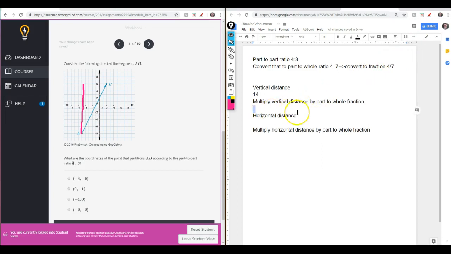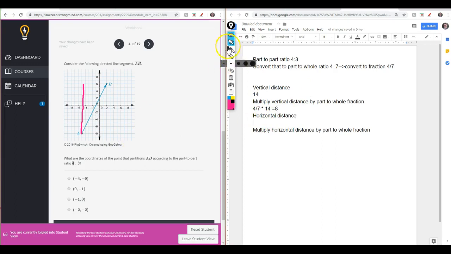So I'm going to multiply the vertical distance by our part-to-whole fraction, 4/7 times 14. If you were to multiply this out in your calculator, it would reduce down to 8.